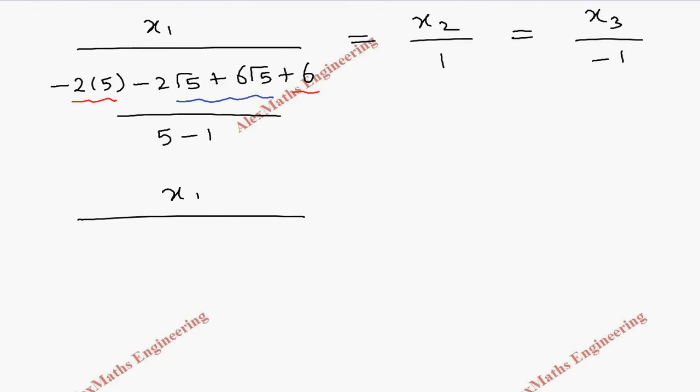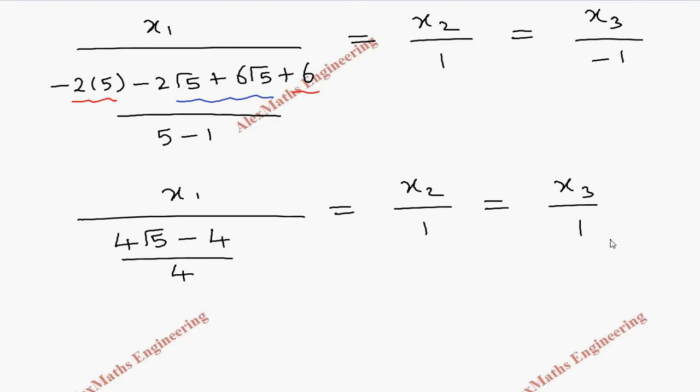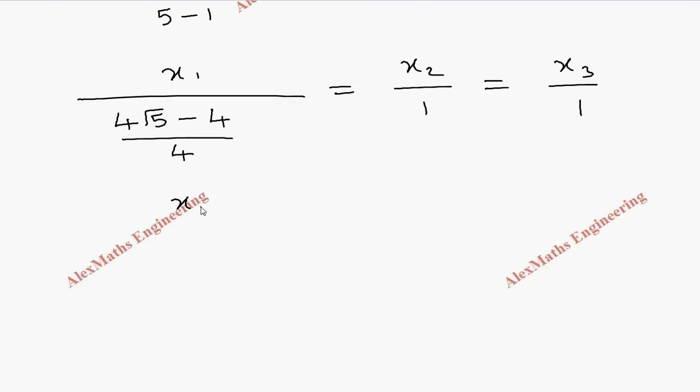6 root 5 minus 2 root 5 is 4 root 5, then 6 minus 10, which is minus 4, divided by 4, and here it is x2 by 1 and x3 by 1. Finally from the first part, if I take 4 common, we get root 5 minus 1 by 4.